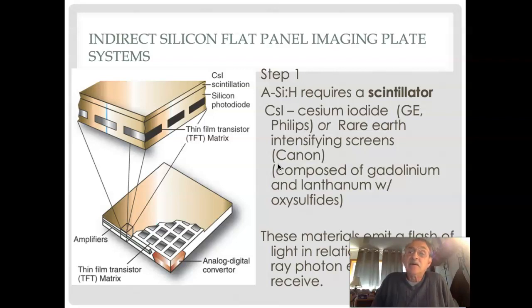In any event, when X-ray comes down, these materials, cesium iodide or gadolinium oxysulfite, emit a flash of light in relationship to the X-ray photon exposure that they received. If they got a lot of exposure, then they might produce more light. If they get a little bit of exposure, then the light is proportionately less.